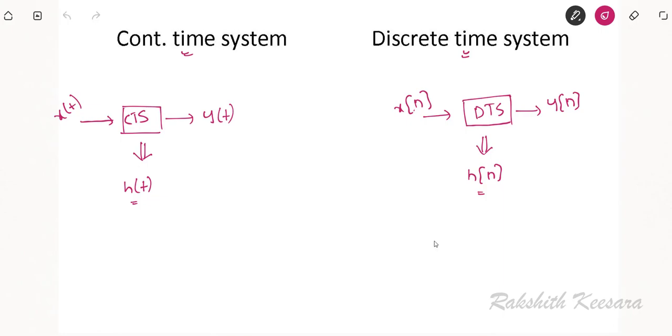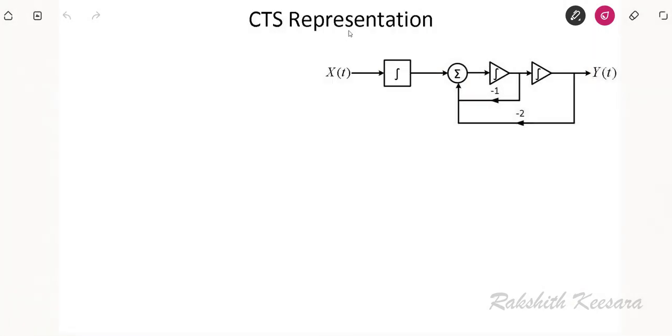Next, let us see how to represent a system using differential equation. This is in continuous time. So this is my input, this is the system, and this is output. This is called as integrator, which integrates an applied signal.